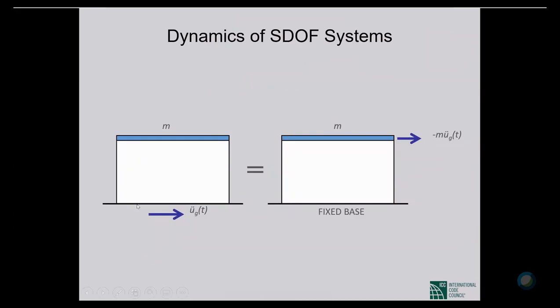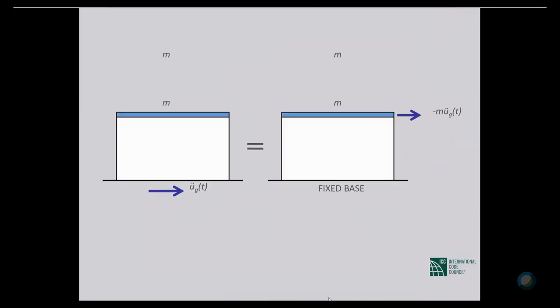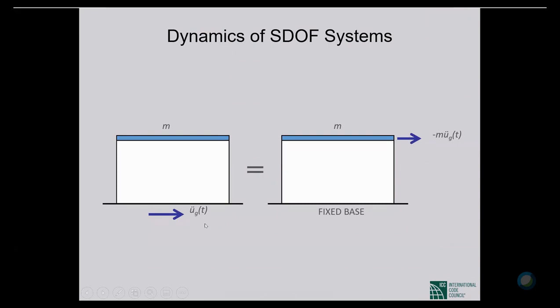So if the ground acceleration is, I'm sorry, this notation is pretty popular: UG double dot. U is the displacement, G is for ground. So the ground displacement, single dot is the first derivative, double dot is the second derivative.